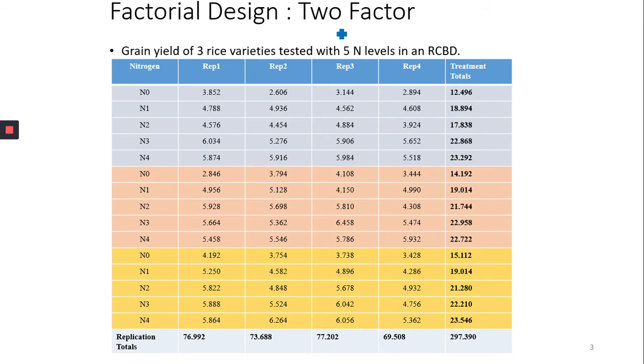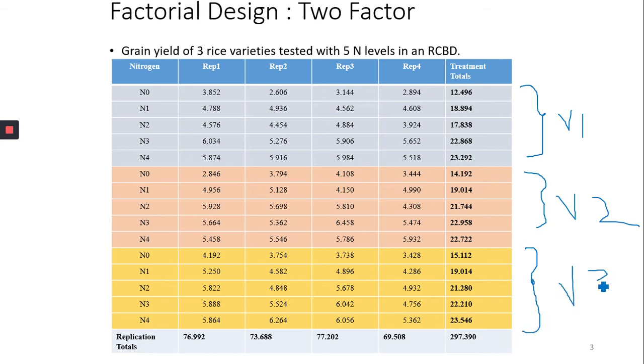Now, from that experiment, this is the data that was obtained, and I want to make it clear that this is variety 1, this one is for variety 2, and the last one is for variety 3. That is why the different colors: variety 1, variety 2, and variety 3.